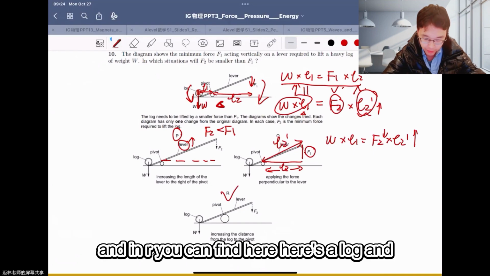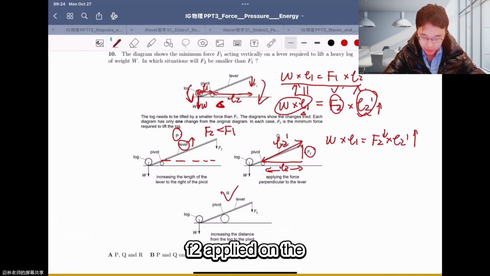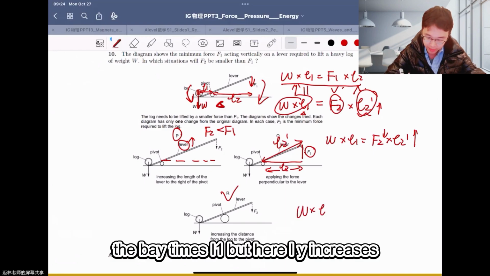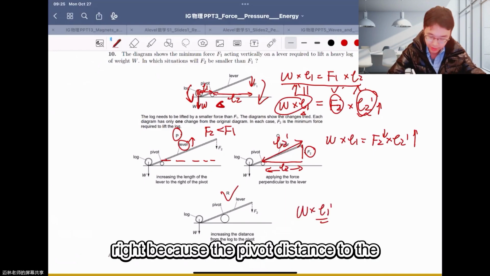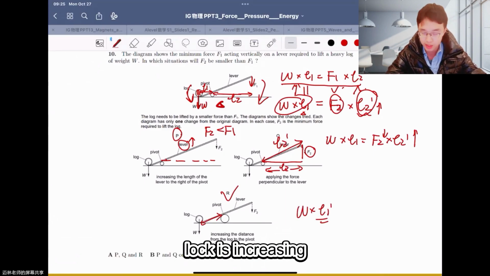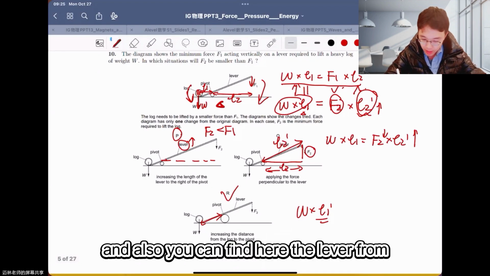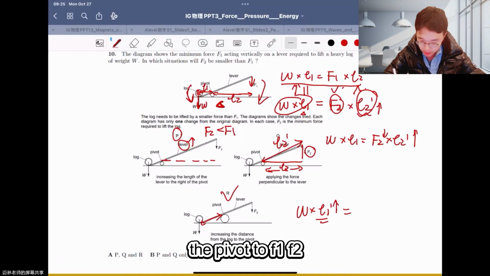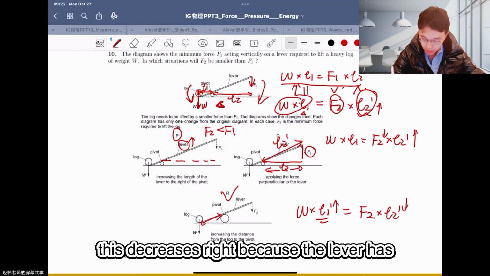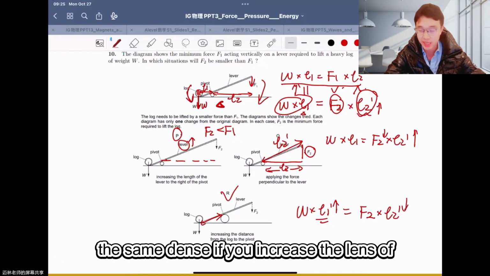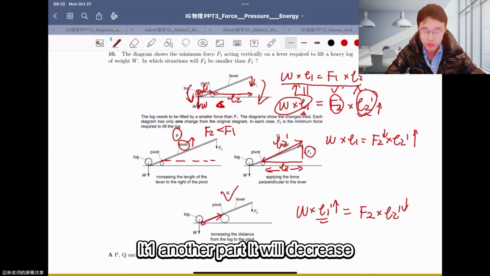And in R, you can find there's a log and F2 applied. You can find W times L1, but here L1 increases, right? Because the distance from the pivot to the log is increasing. And also the lever from the pivot to F2, F2 times L2, decreases, right? Because the lever has the same length. If you increase the length of L1, the other part L2 will decrease.